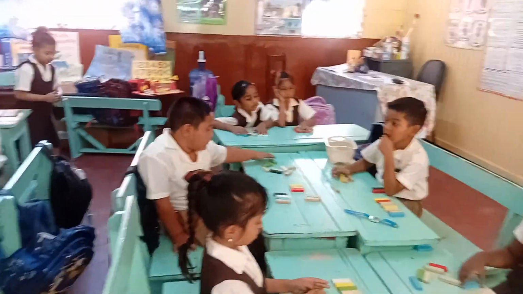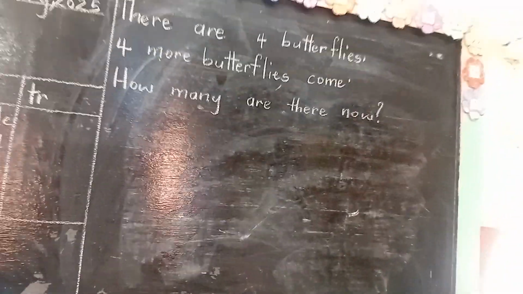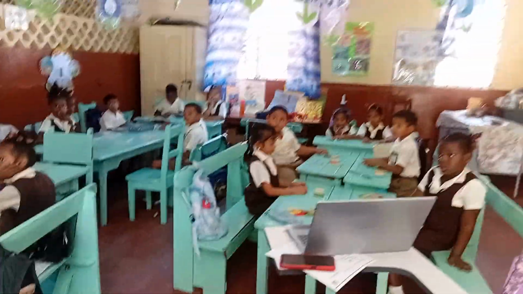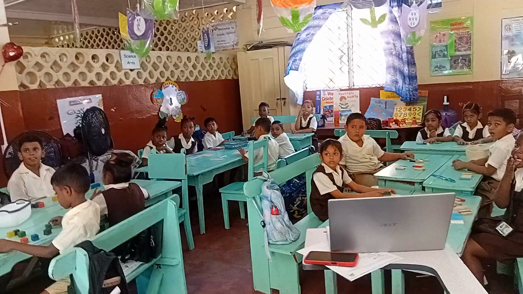Now, this is what we will do now. I have a little sum for you on the board. So I want you to look carefully on the board and somebody is going to stand and read it for me. Let me see somebody that is brave enough to stand and read it for me. Alright, look here. I want everybody to read this for me.